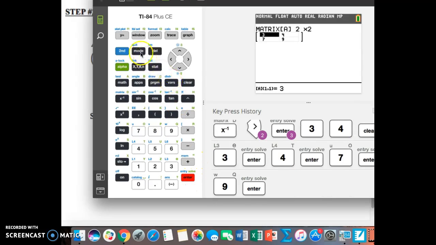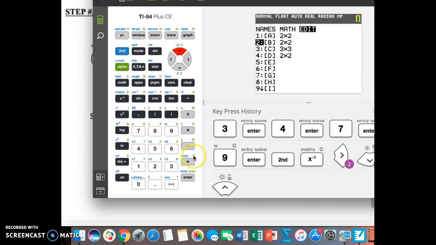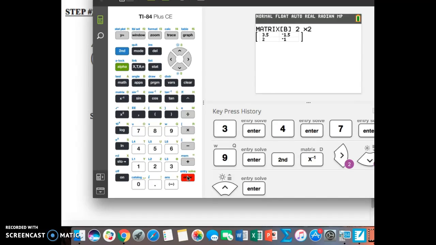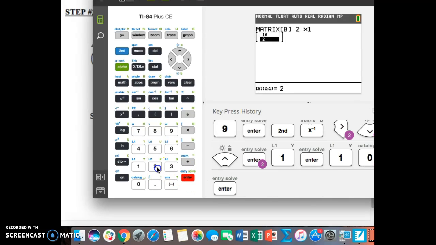And that's our matrix for A. Then for our matrix B, we go over to Edit, move down to matrix B. Notice matrix B is just a 2 by 1 matrix, so we need to change that 2 by 2 to a 2 by 1. And then we have 10 and 20.